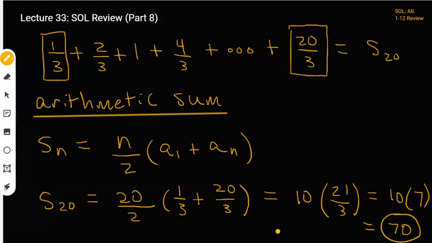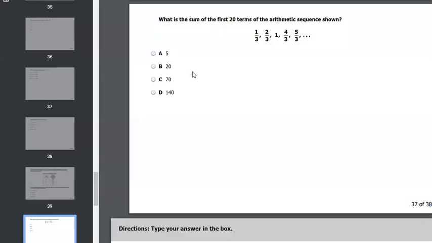And there's 20 numbers in total, but you got to add them all up. And you get 70. So you can do it the long way, like you could put all this in the calculator and just add up all 20 numbers, that's fine. But you could also do it this way by formula. So does 70 show up? Yep, it's C.